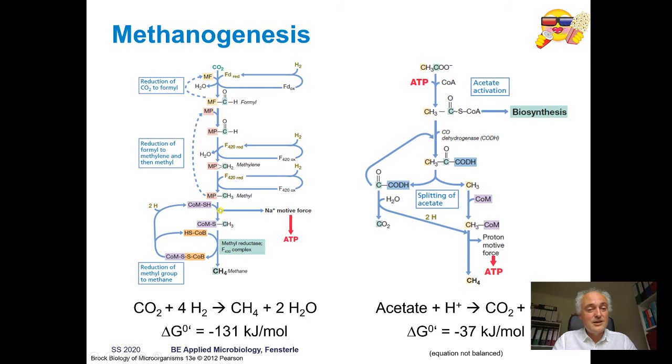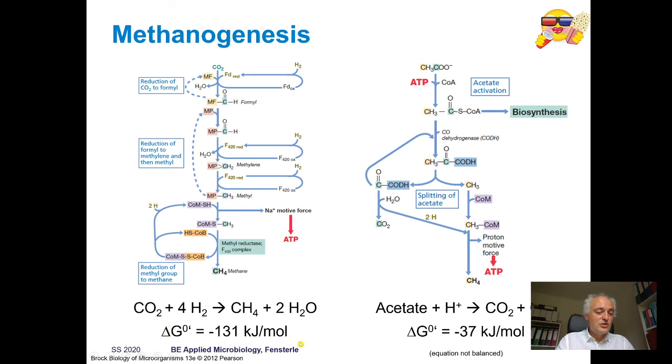So this is a very special electron transport chain, which differs tremendously from the standard one where you use oxygen as electron acceptor. By the way, what you pump here is not hydrogen, you pump sodium. So in the case of methanogenesis, you generate a sodium motive force.